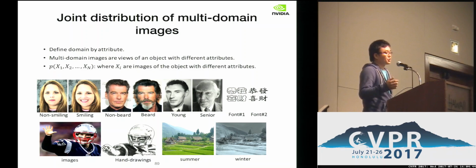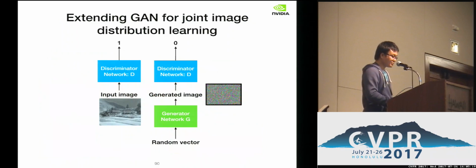You can also define domain by attribute, like a face with smiling attribute or a face without smiling attribute, with beard, no beard, young, senior, different font, image, drawing, the same place in different weather. So you can define joint distribution of multi-domain images in many ways, and you can define it at an abstract level.